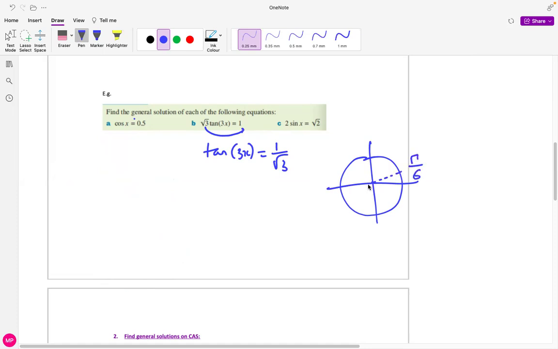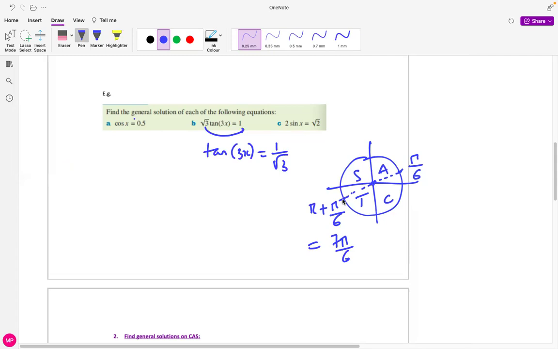Now, as you know, we want tan to be positive, so we can have quadrant 3, right? So in this quadrant, you could have pi plus pi/6, which ends up being 7 pi/6. So technically, you could have written two general solutions, but the special thing about tan is that to go from pi/6 to 7 pi/6, you just need to go half of the circle.